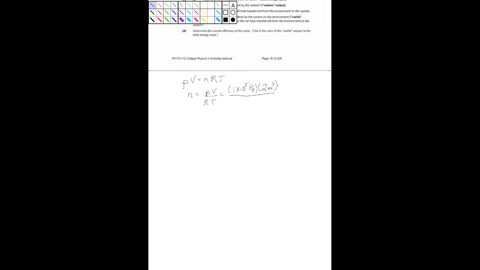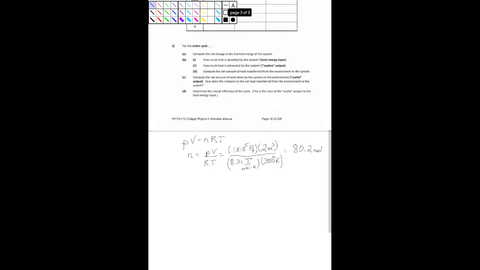R is our constant. It's 8.31, and it has units of joules over moles times Kelvin. And finally, temperature was given to be 300 Kelvin. Alright, so those are our numbers. We can plug those in our calculator. To 3 sig figs, you should get 80.2 moles. Okay, so that's the number of moles of our ideal gas.